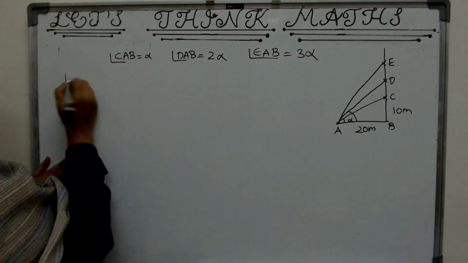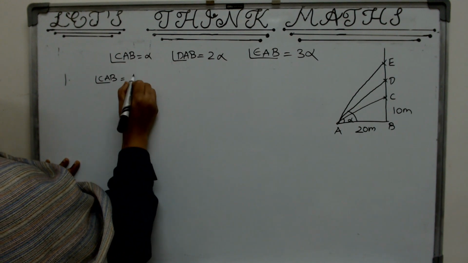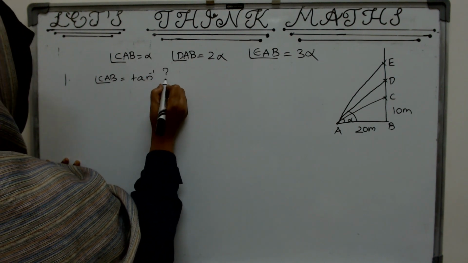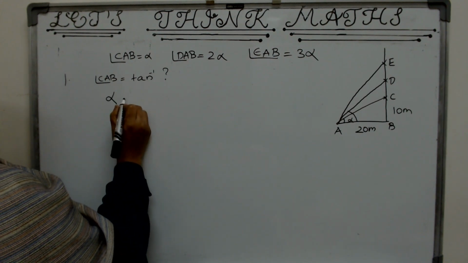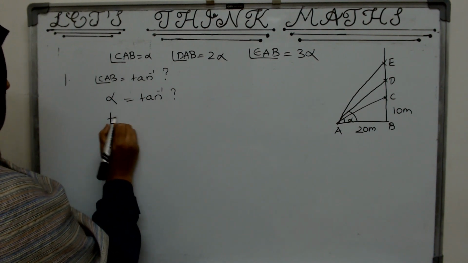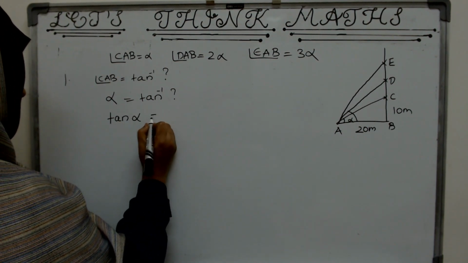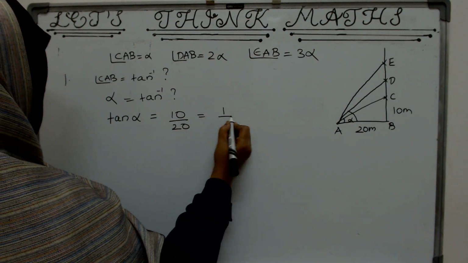Now we come to the first question. Angle CAB is equal to tan inverse of what? So angle CAB is actually alpha, right? So alpha is equal to tan inverse of what? So what is tan alpha? Opposite side by adjacent side. So that is equal to 1 by 2.